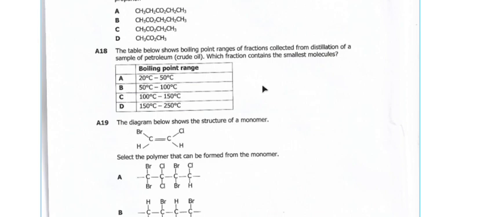Now, this one again is just a simple thing, because what we have to know is that in hydrocarbons, smaller molecules have weaker intermolecular forces, and this results in a lower boiling point. So we just go to where we have the lowest boiling point. Of course, here we just find the differences, and where we are going to find the lowest boiling point is on A. So A is an answer.